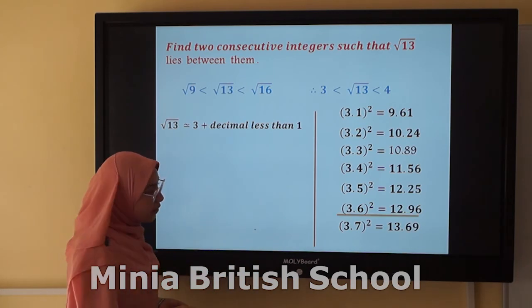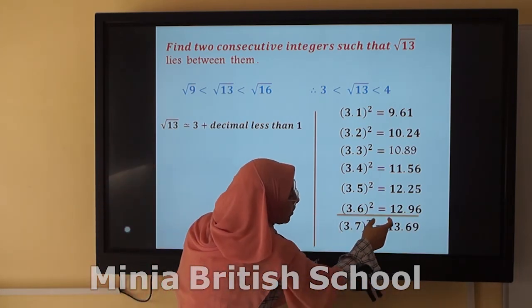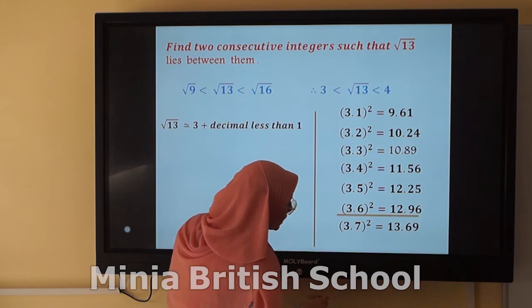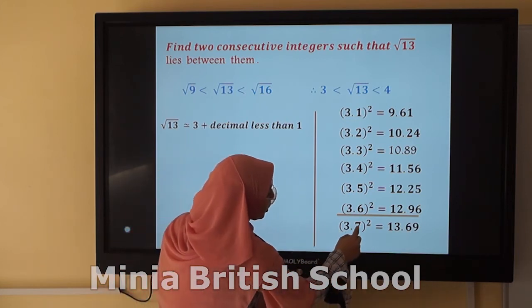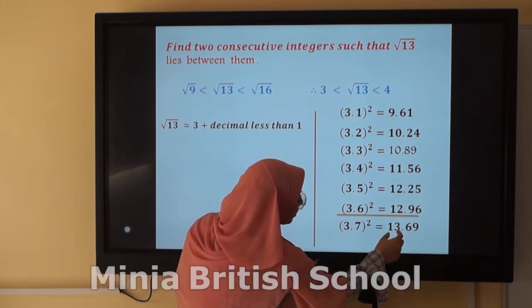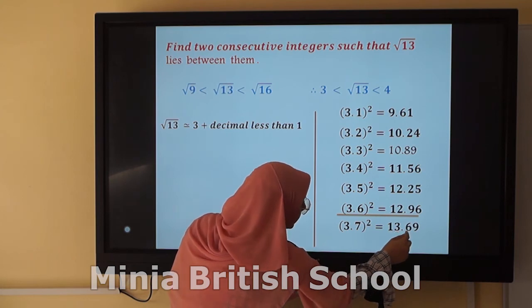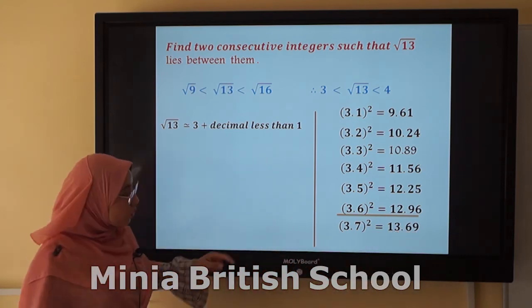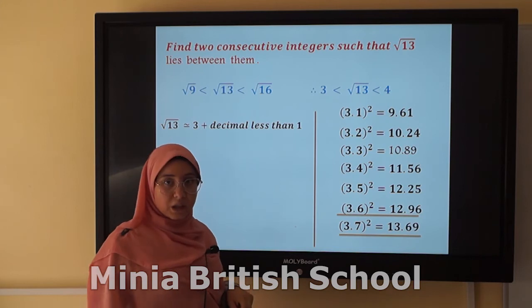Oh, take care here. 3.6 squared equals 12.96 and 3.7 squared equals 13.69. Two consecutive numbers here.